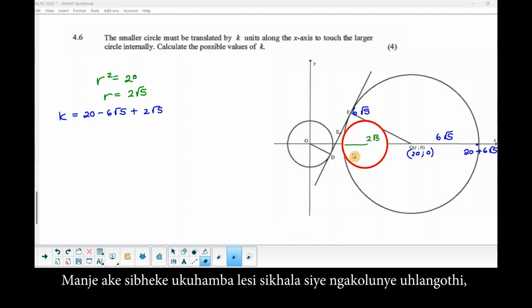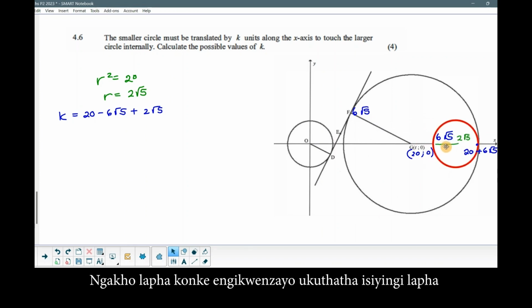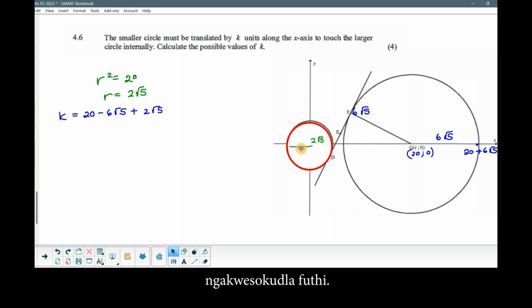Now let's look at moving that circle across to the other side, because I still need to compensate for what's happening here. So here, all I'm doing is taking the circle from here and moving it all the way across to there. All right, again, from here all the way across to there.